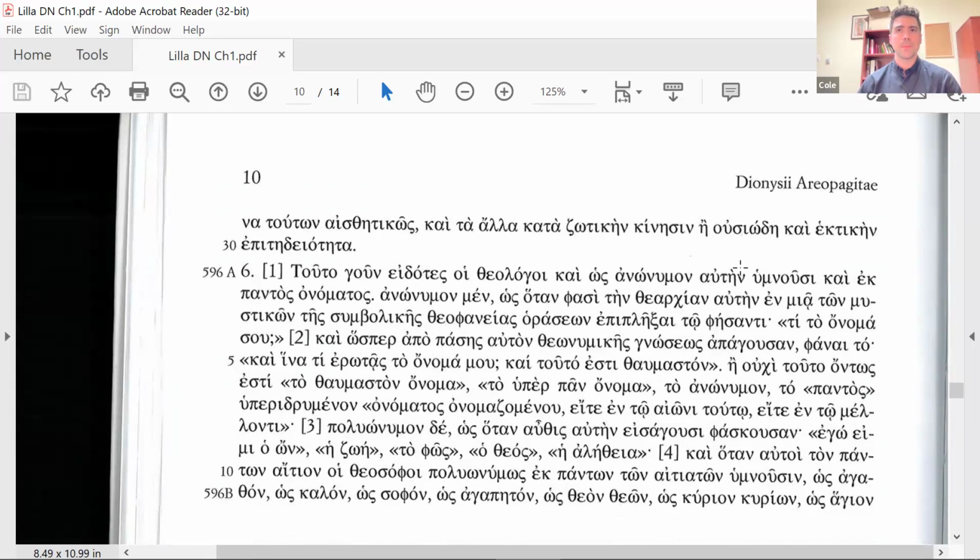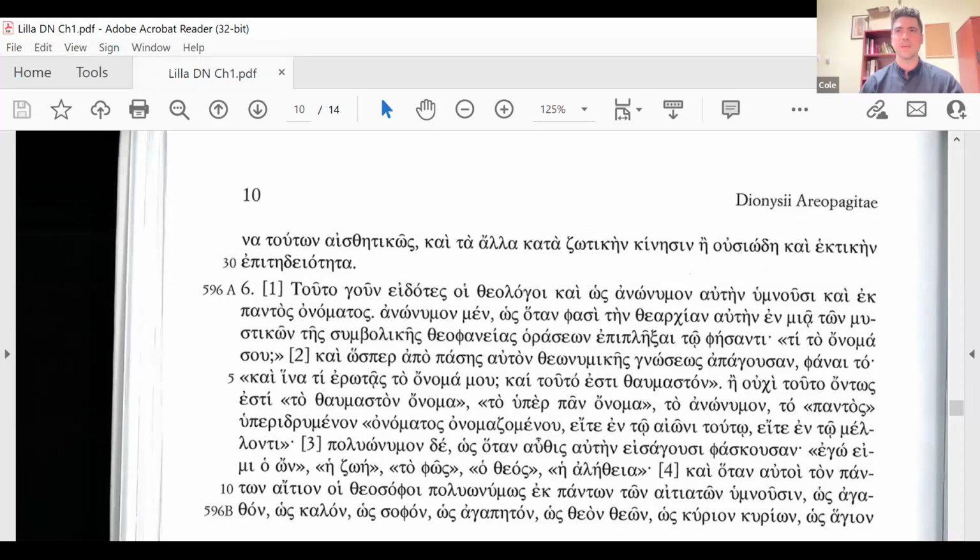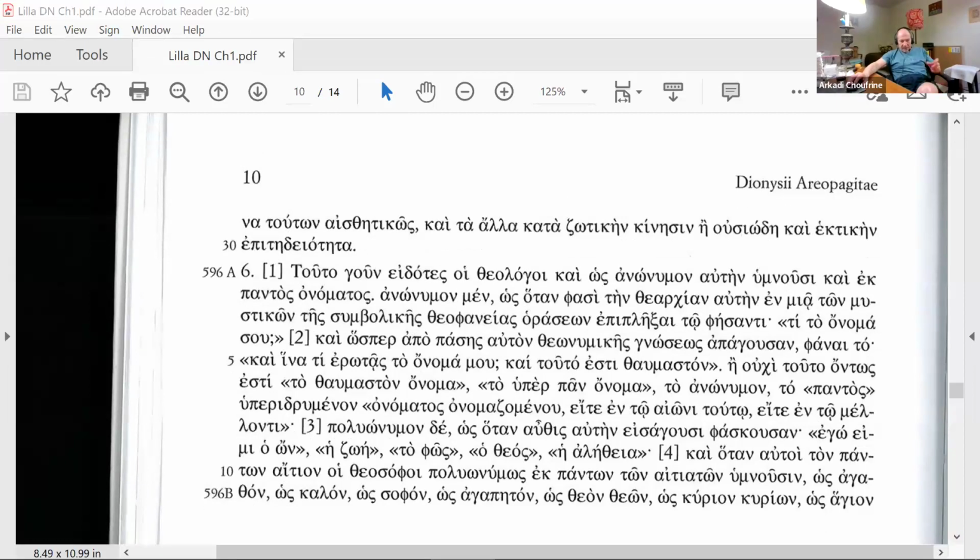Or essential. Yeah, this hektikēn is difficult to translate, but we can. Sustaining, habitual. Yeah, sustaining, very good, which makes them something constant.